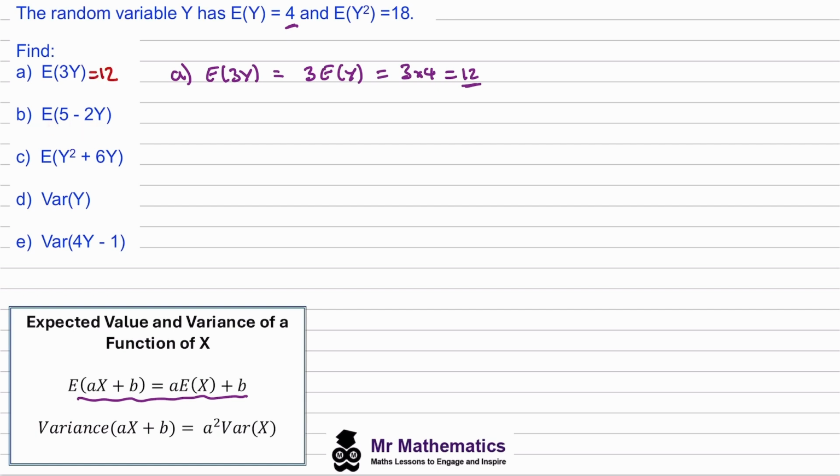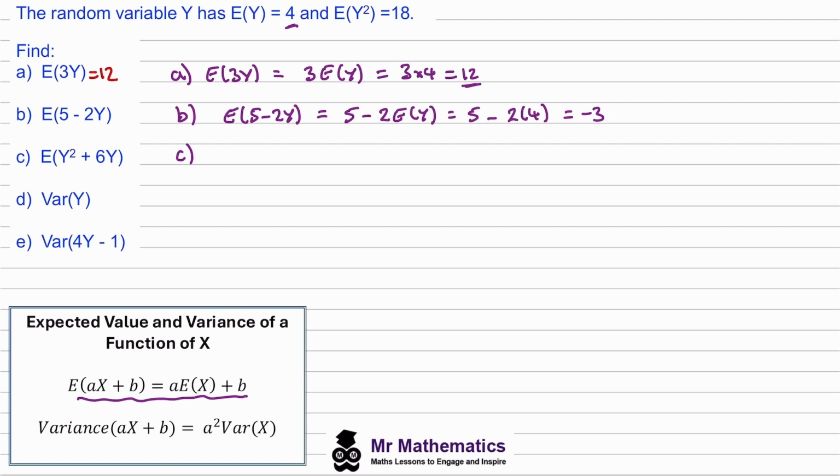For question B, the expected value of 5 minus 2y will be the same as 5 minus 2 times the expected value of y. So all we're doing is we're replacing this y with its expected value. So we'll substitute in the 4, and then 5 minus 8 will give us the negative 3.